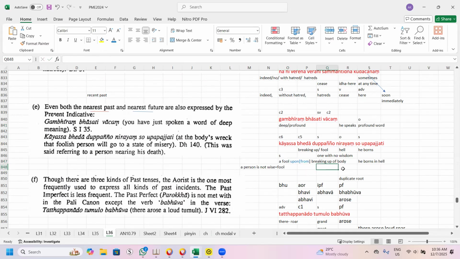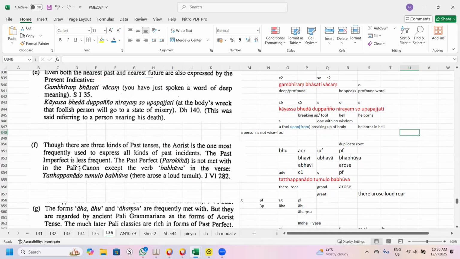And then this is another line, comma. He is born in Niraya. So with prepositions, you don't have to stick rigidly. You can change according to the English, how you see it. All right, we will go to the next line.